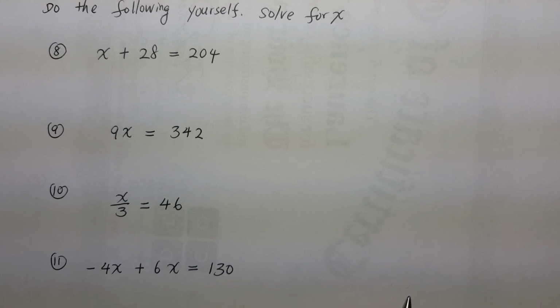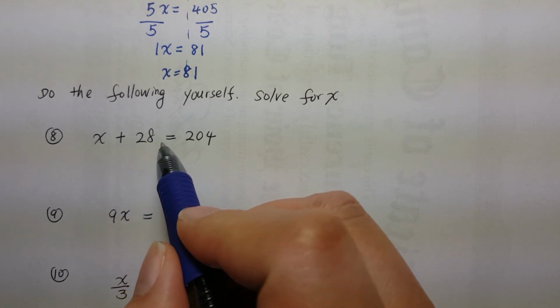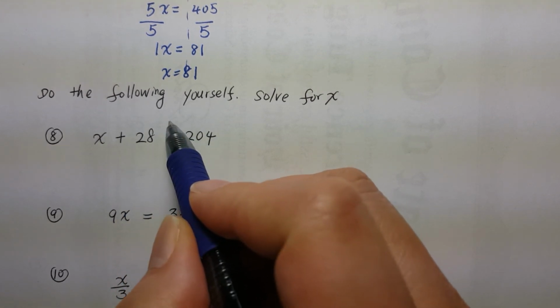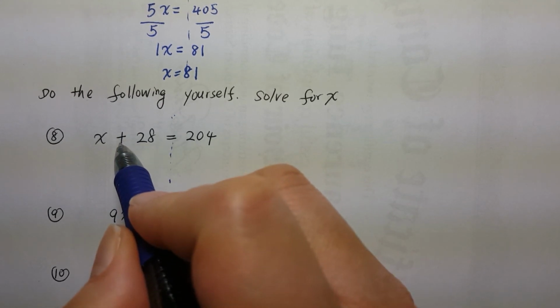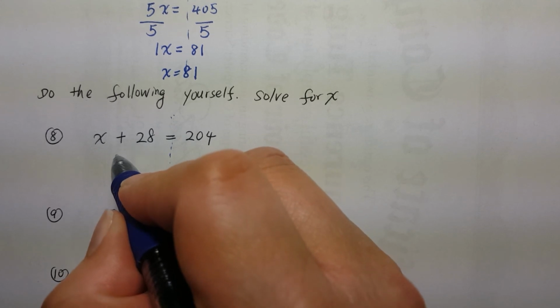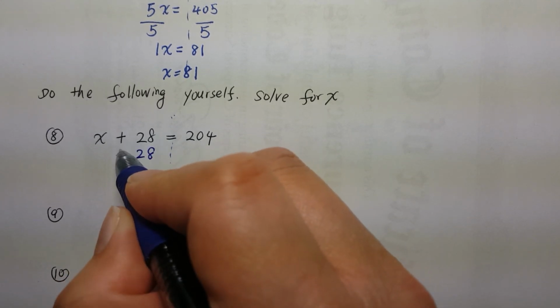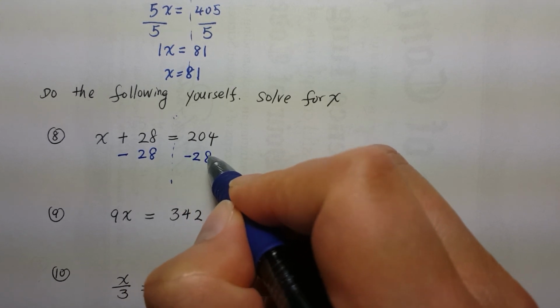Okay, I think you're ready. Now let's take a look at number 8. X plus 28 equal to 204. So on the left side, we want to eliminate the plus 28. So to eliminate the 28, we do minus 28, plus minus. So to balance, we minus 28.